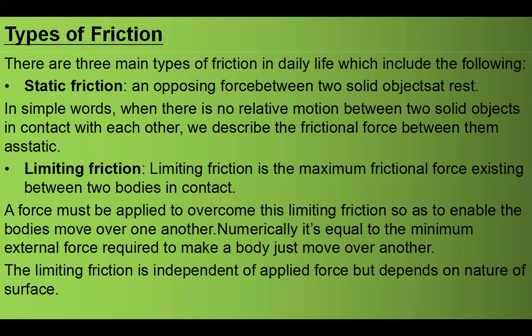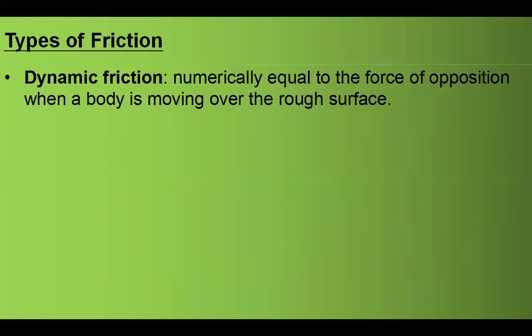Limiting friction is independent of the applied force, but it depends on the nature of the surface, whether it is a smooth surface or a rough surface. Moving on, the third one is dynamic friction.